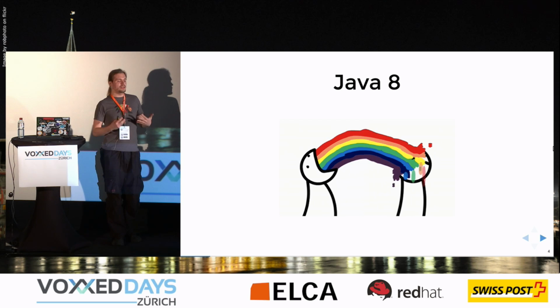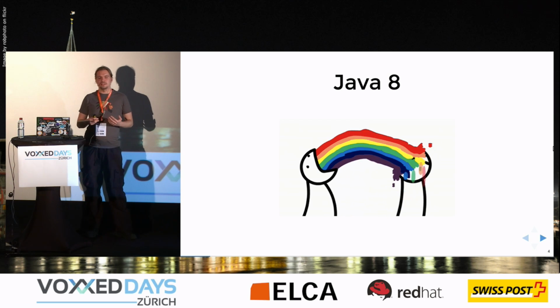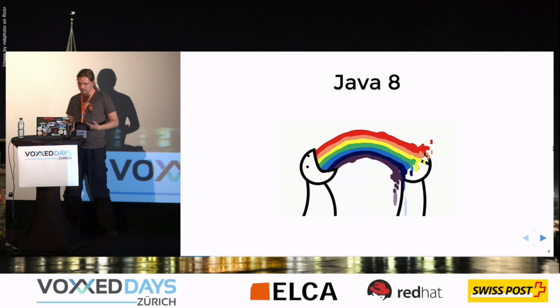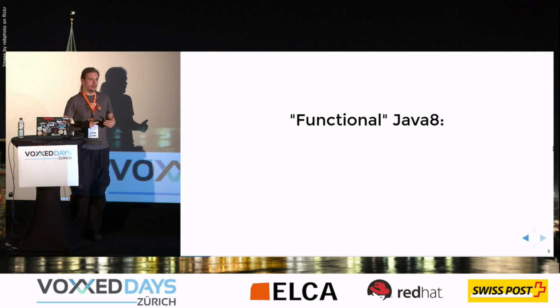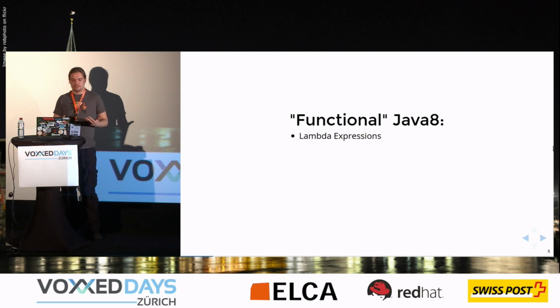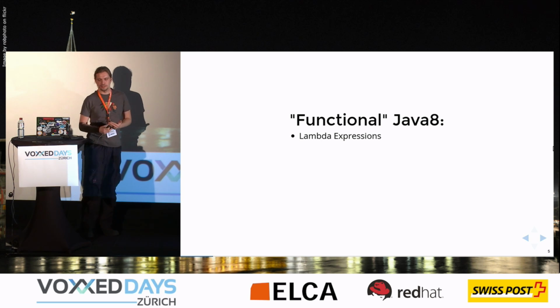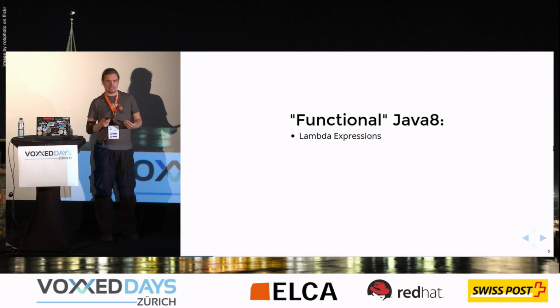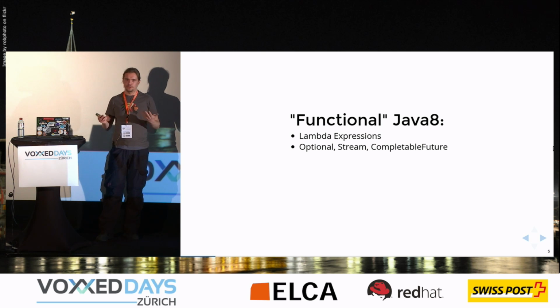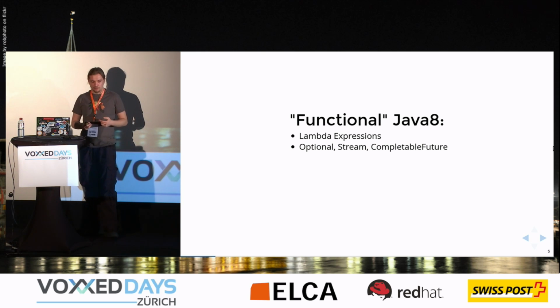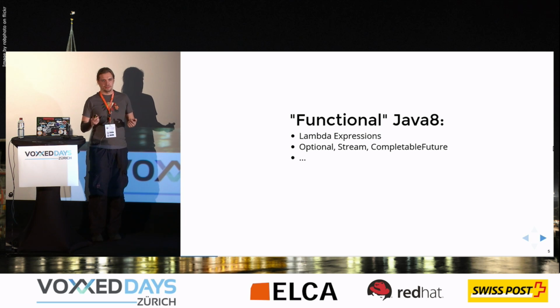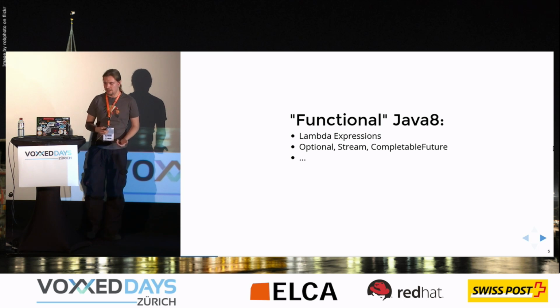Many people were even saying that Java 8 is functional now. But if you have a deeper look, you can see that the functionality of Java 8 is lambda expressions and tools like Optional, streams, CompletableFuture, and not really much else.